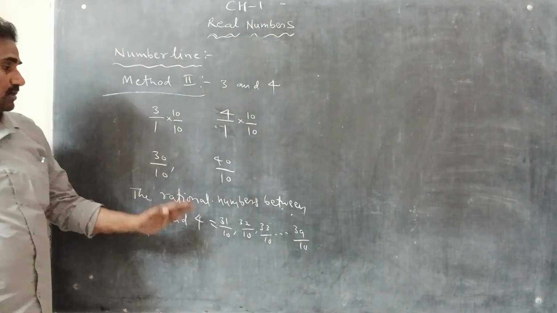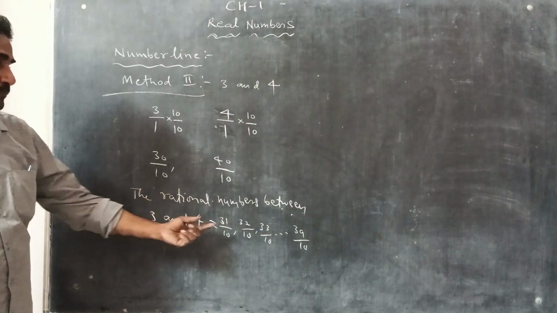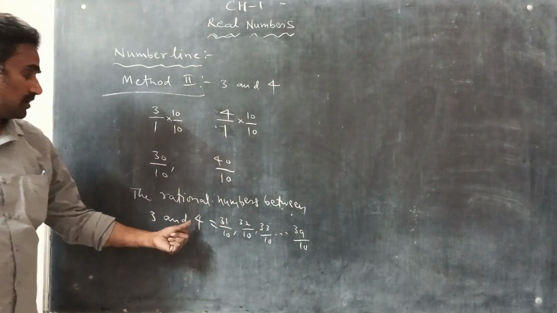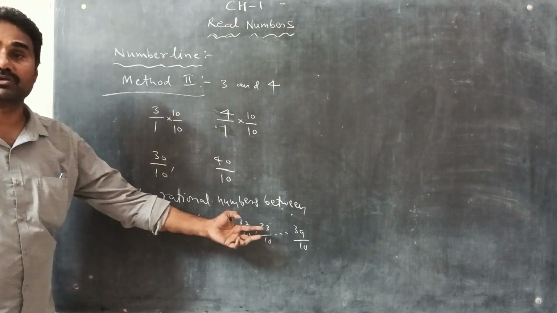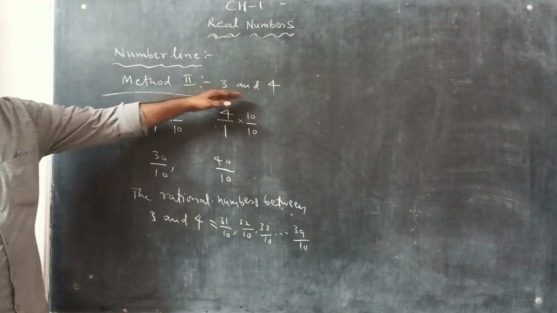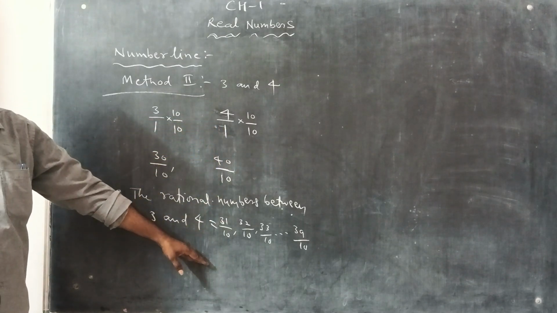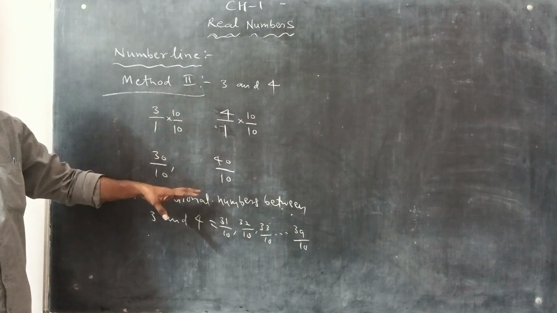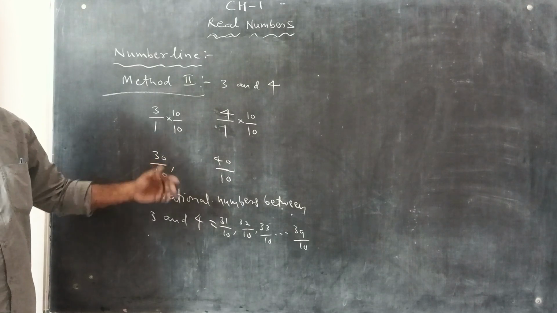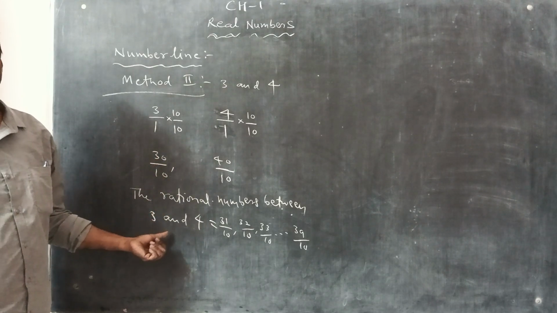All these values lie between 3 and 4 only. If you want to write them as decimals, I can write 3.1, 3.2, 3.3, and so on. You can write decimal values or fractional values; these will all be rational numbers only. This is how to find rational numbers between given rational numbers.